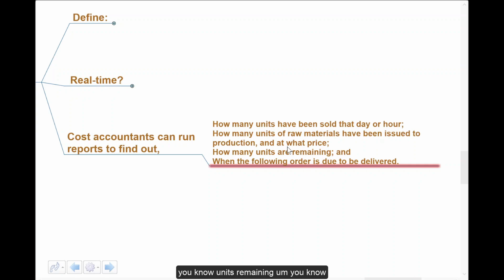Units remaining, when the following order is due, because remember, running out of stock or having a stock out, or an inventory out, as it were, could affect us in terms of production, could affect our reputation, etc. So modern computerized accounting systems from an inventory perspective are extremely comprehensive. Perhaps you've had experience of using one.